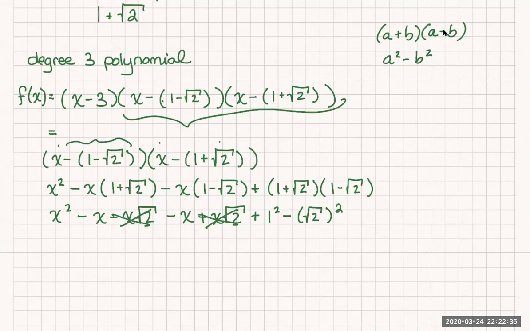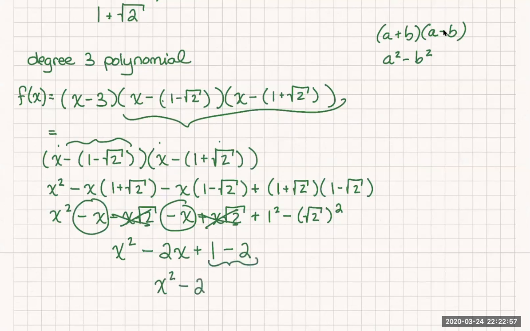And so I get x squared minus x minus x is minus 2x plus 1 squared is 1 minus root 2 squared is 2. So 1 minus 2 is minus 1. So if this is just the product of x minus 1 minus root 2 and x minus 1 plus root 2, then x squared minus 2x minus 1 is what I get if I multiply these two guys.